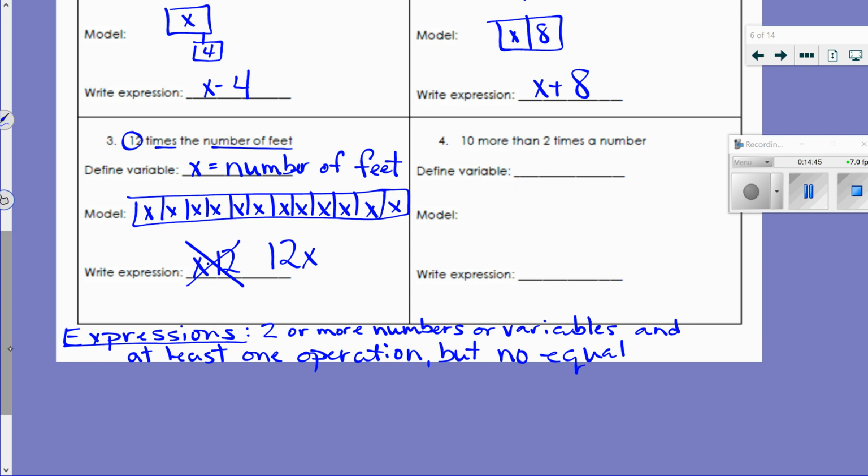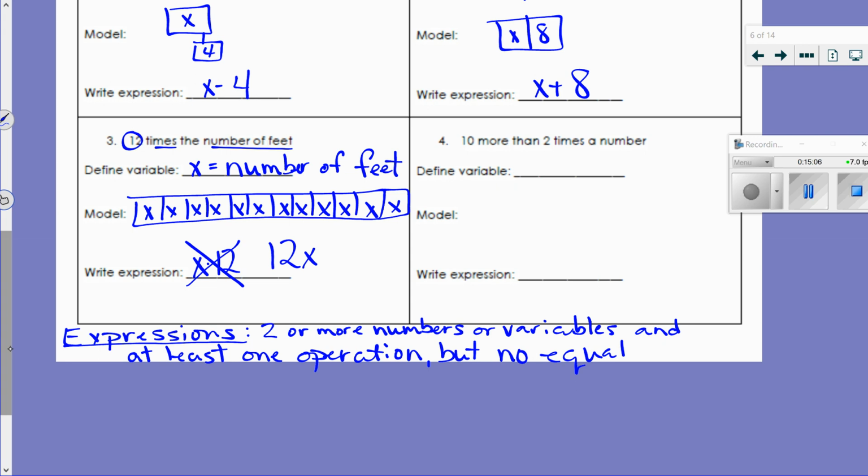My coefficient, the number piece, must always come first. Because I can model 12 X's. I cannot model X 12s. You have to do it in the correct order. Okay? So that is why that is incorrect. It has to be 12x.